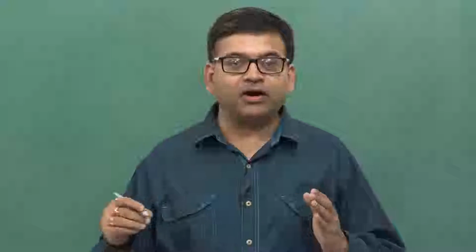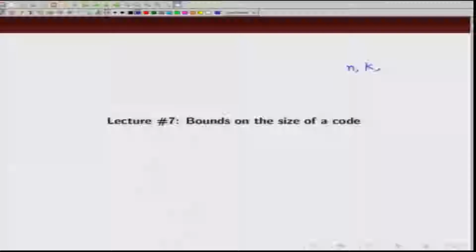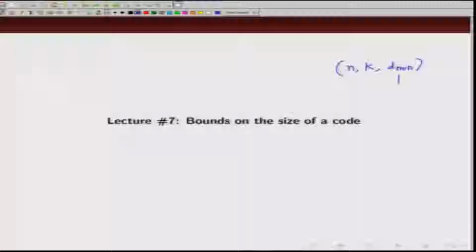A code, as we know, can be described by parameters n, k, and the minimum distance of the code. If we specify any two of these parameters, we would like to know what would be the third parameter. For example, if I specify the minimum distance and the information sequence length, I am interested in knowing the minimum n required, so that I get this k and d.